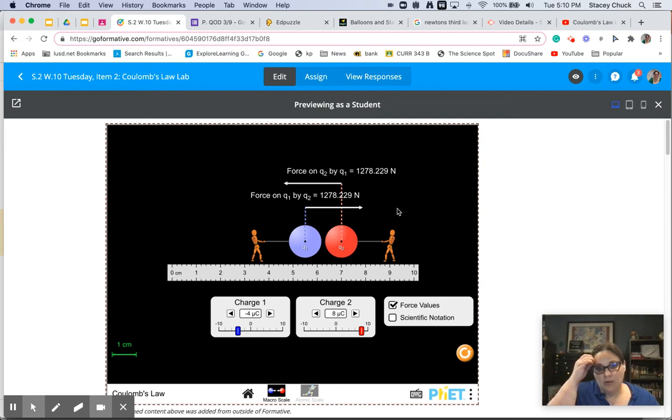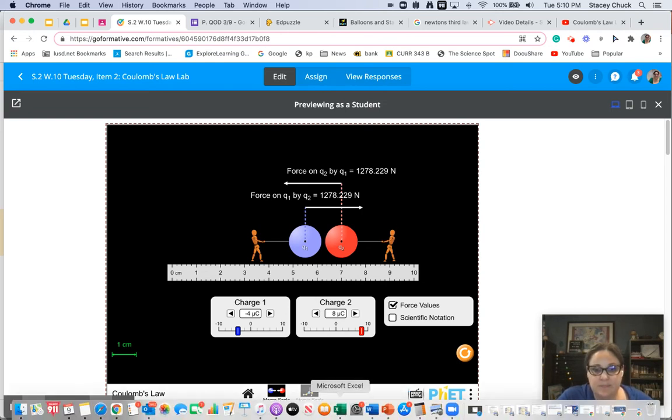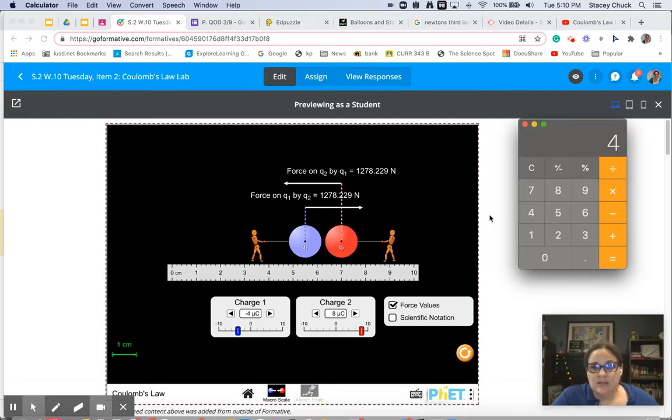1,278.229. So we need to know if 319 is 1/4 of this number, or 4 times 319 is 1278. So the original amount was 319,557. And according to our prediction, the answer should be 4 times that.